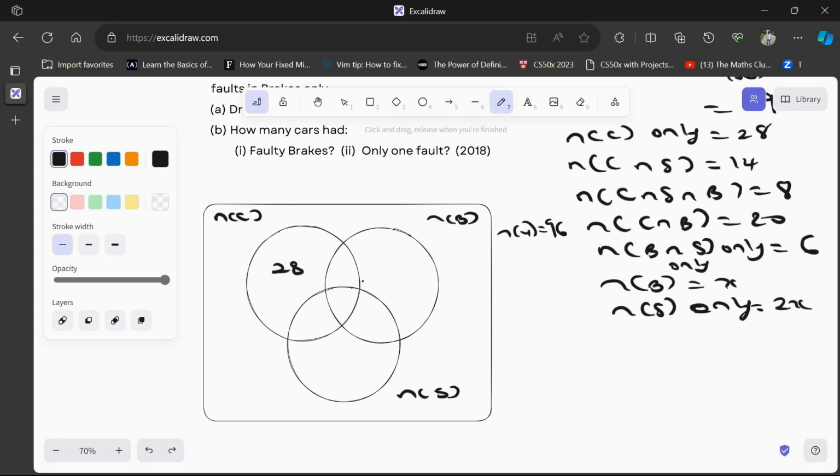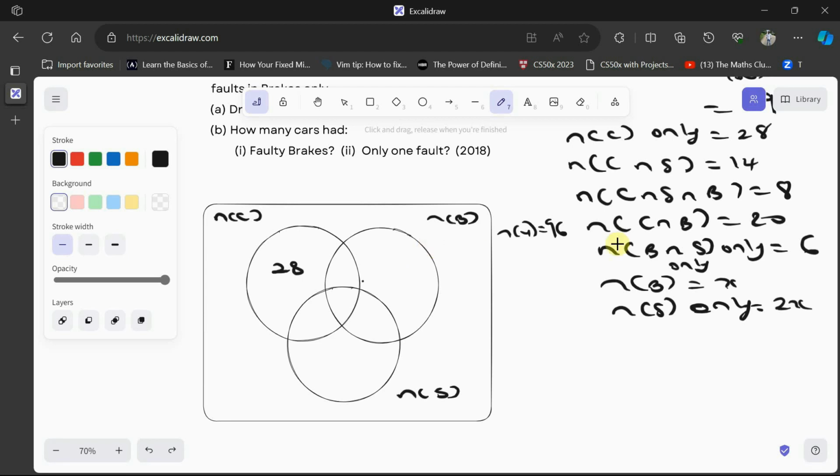And then they said the intersection between these two guys is 14, but there's no only here, so I'll leave it because I'm still meant to subtract to find just this guy here. This guy here is the number of clutch intersection steering, but there's no only here, so it still includes some of those that are shared with brake.